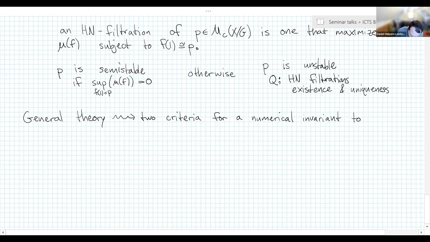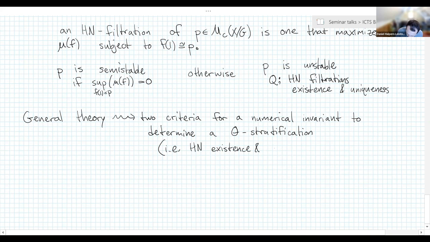To define a theta stratification, to determine, i.e., such that the HN filtrations exist and are unique, and plus, if you consider the moduli problem of points in the stack along with the HN filtration, that's actually a locally closed substack of the original stack.